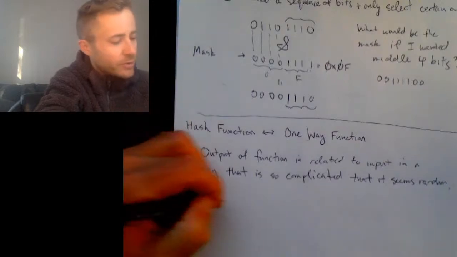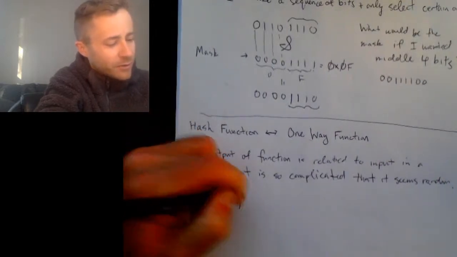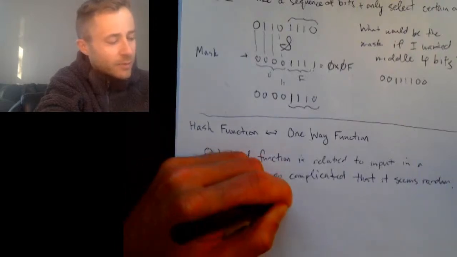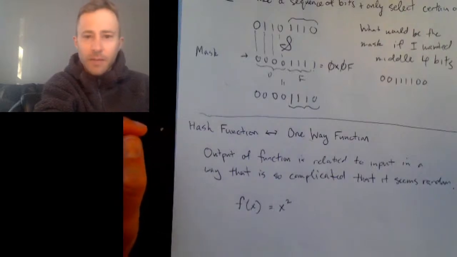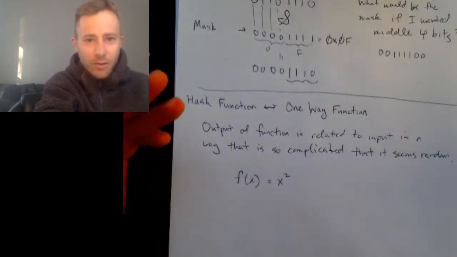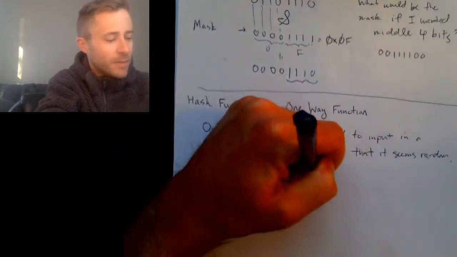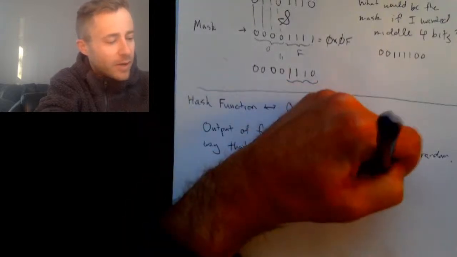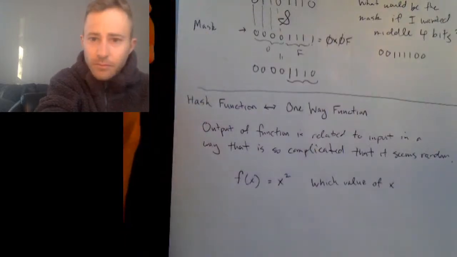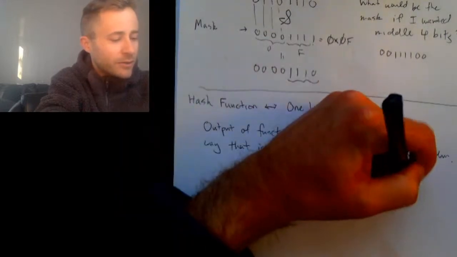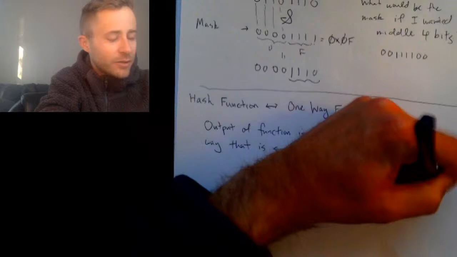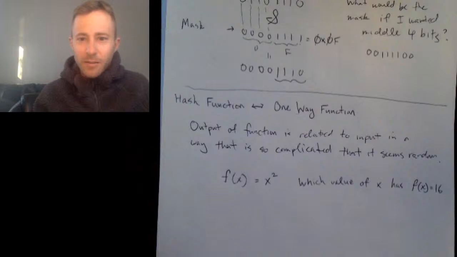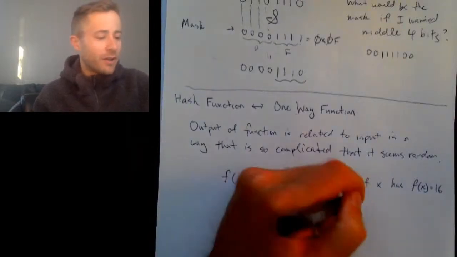So basically, if we think about the function f of x equals x squared, this is not a good one-way function, because if I said which value of x has f of x equals 16, I think it's really obvious that the answer would be x equals 4, right?